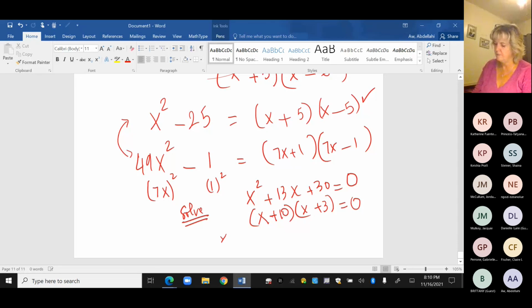So x plus 10 equals 0, and x plus 3 equals 0. How do we get x by itself in the first one? Subtract 10 on both sides, you get x equals negative 10. And how do you get x by itself in the second? Subtract 3 on both sides. Exactly, x equals negative 3. That is what you're going to see on the quiz, everybody.